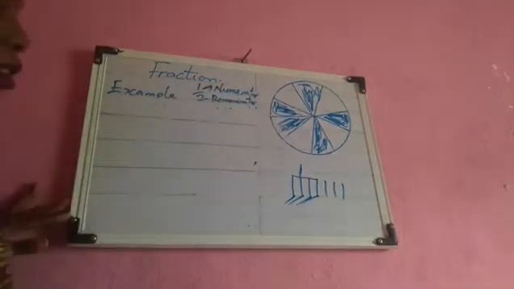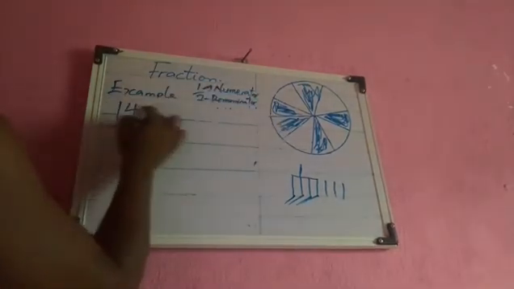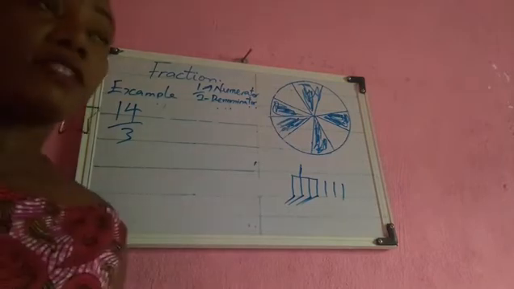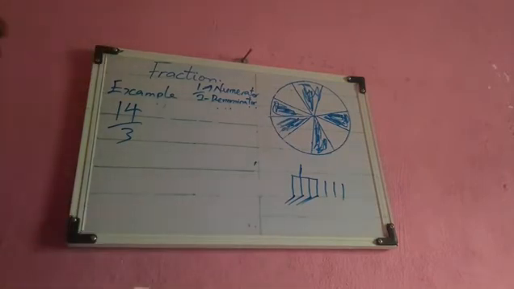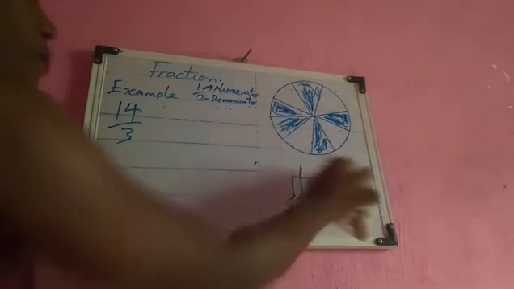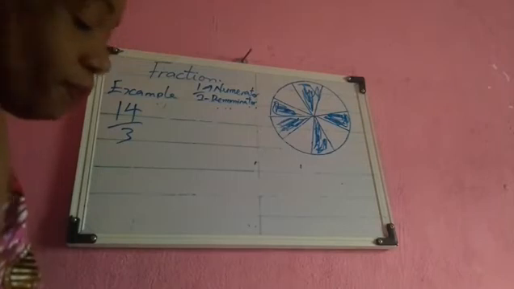We have 14 over 3. How many times can we bring out 3 from 14? Remember we are converting to a mixed number now. This is a typical example of an improper fraction which is being converted to a mixed number.